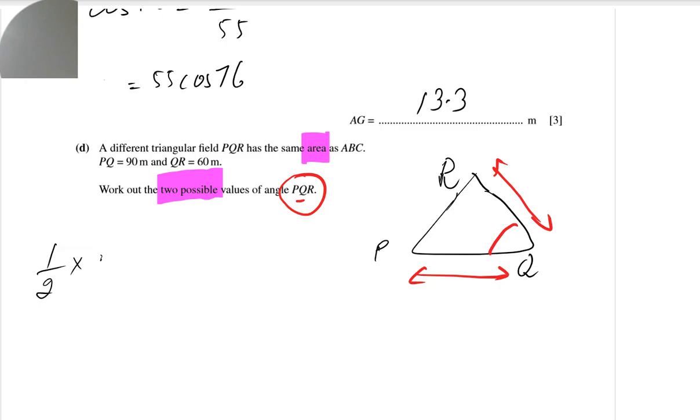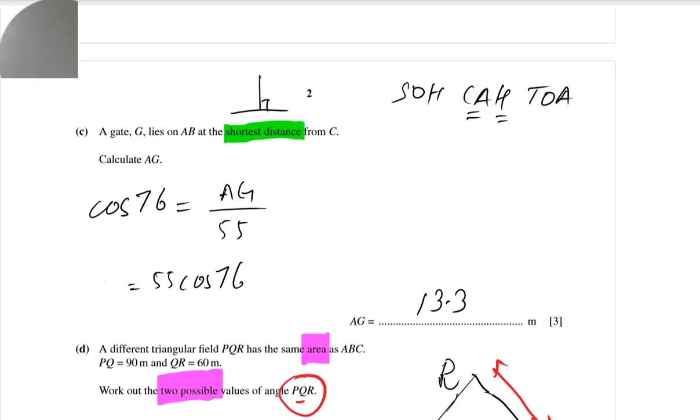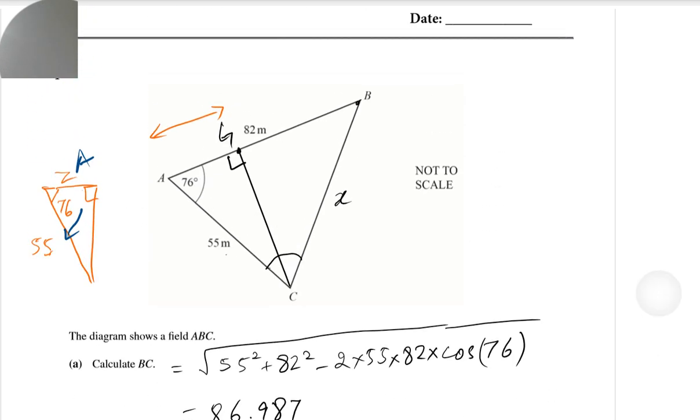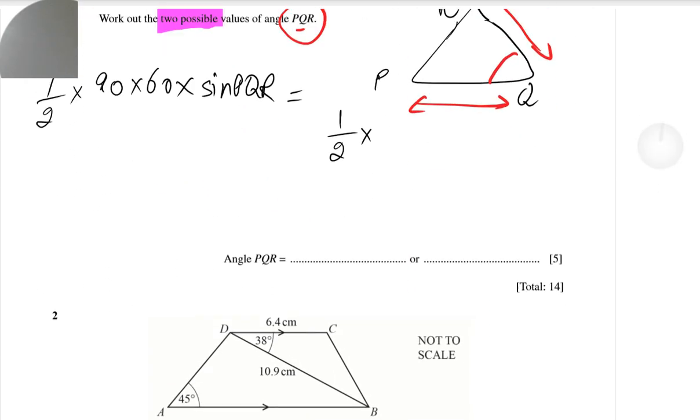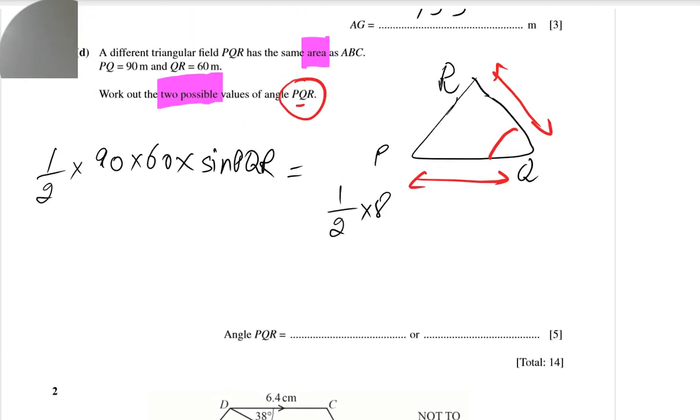So 1 by 2 into 90 into 60 into sine of PQR will be equal to the area of the triangle ABC. So in triangle ABC, we have 82, 55 and 76. 82, 55, and sine of 76.